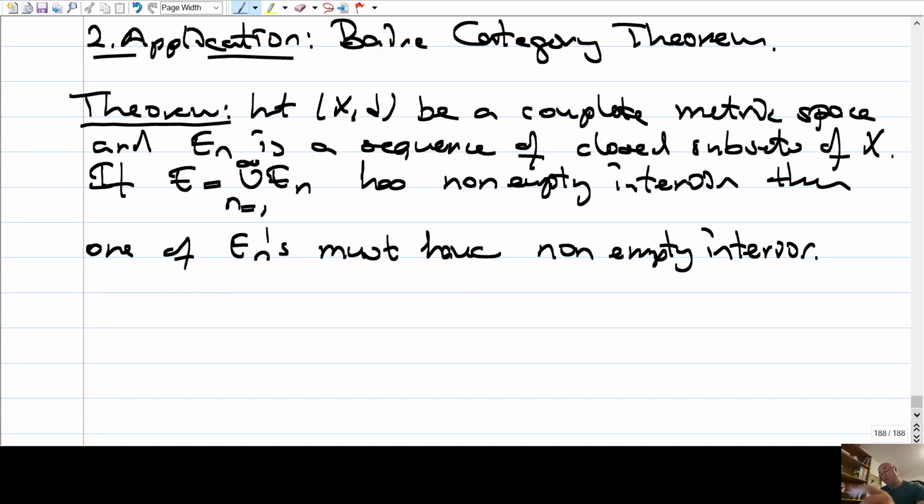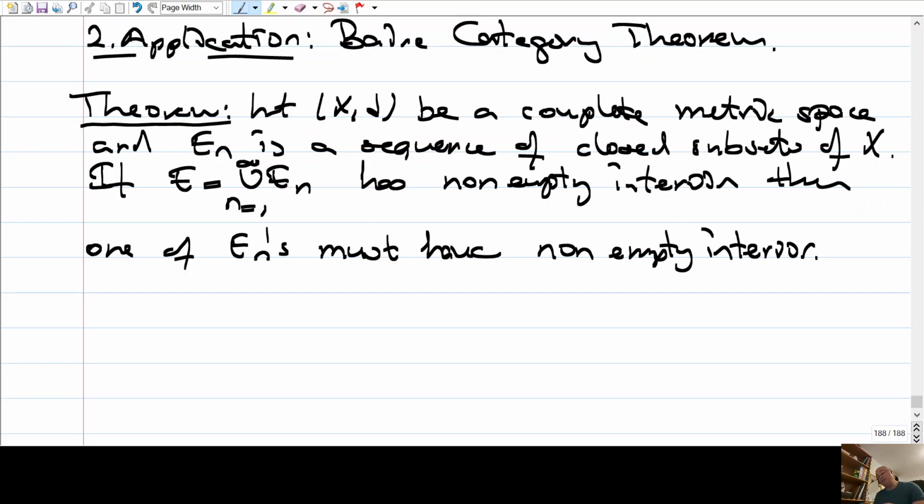I think this is a very beautiful theorem. Why is that? It tells us the following. If you have closed subsets which all have empty interior, and if you have countably many of them, E1, E2, E3, E4, E5 till infinity, then their union also has empty interior.